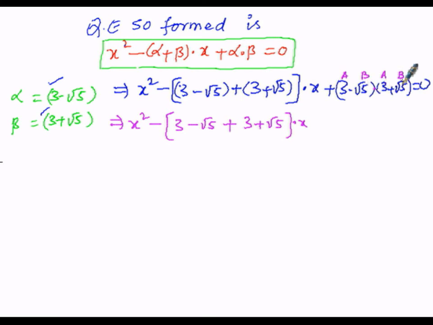Based upon this special product, a minus b into a plus b is a square minus b square.